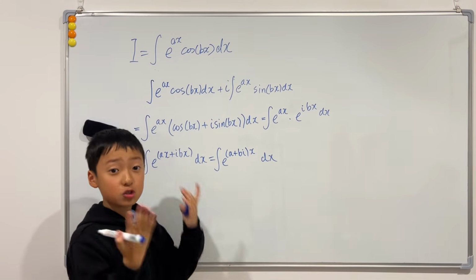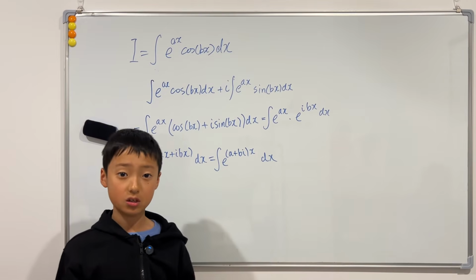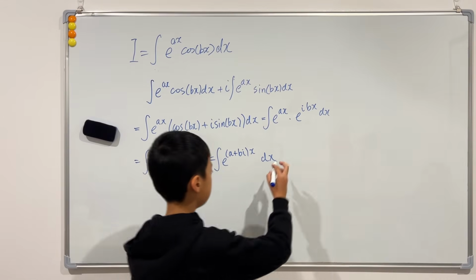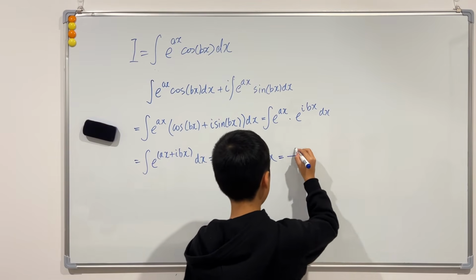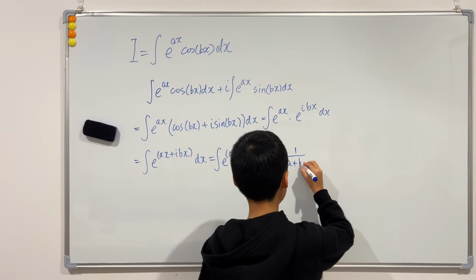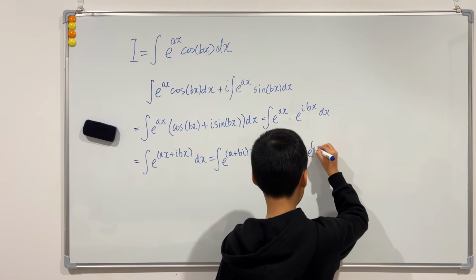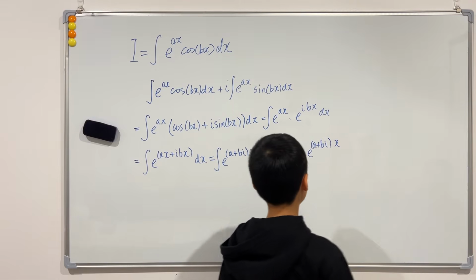And now this is a super easy integral, because a plus bi is just a constant. So we can use the reverse chain rule. So because of the reverse chain rule, we need to multiply by 1 over a plus bi times e to the a plus bi times x.